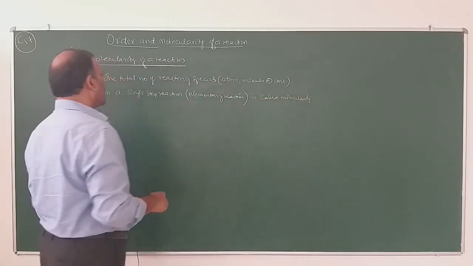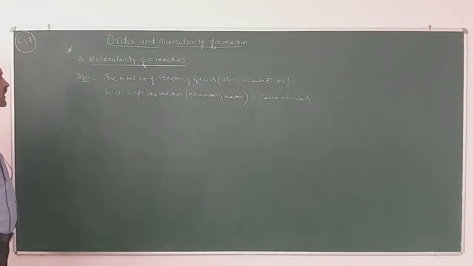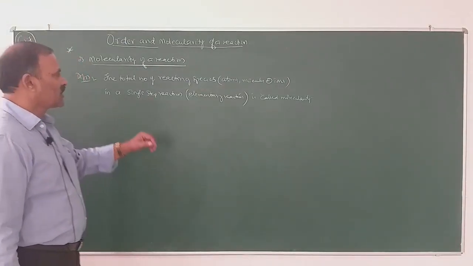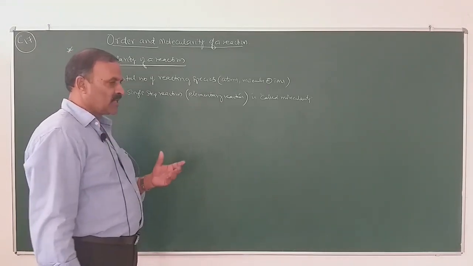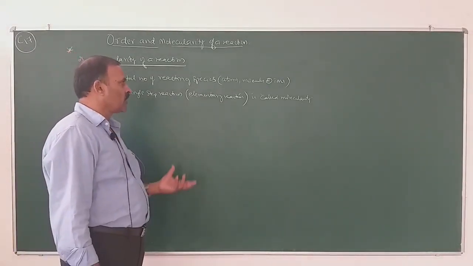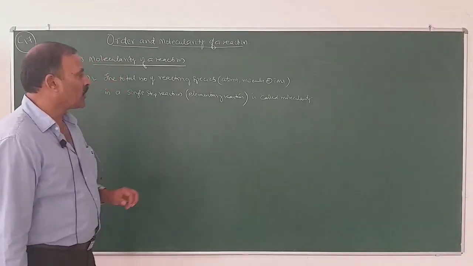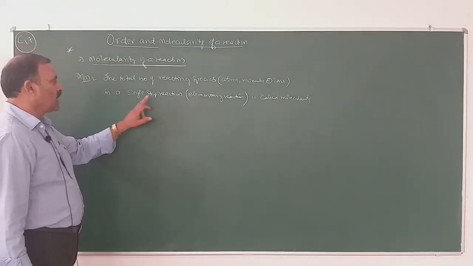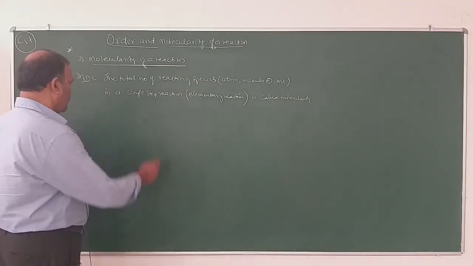So the total number of reacting species in a single step reaction is called molecularity. That means the number of molecules or atoms or ions taking part in a single step reaction is called molecularity.